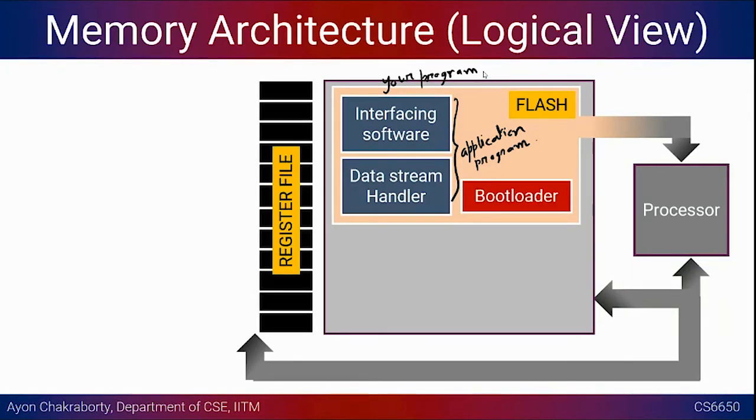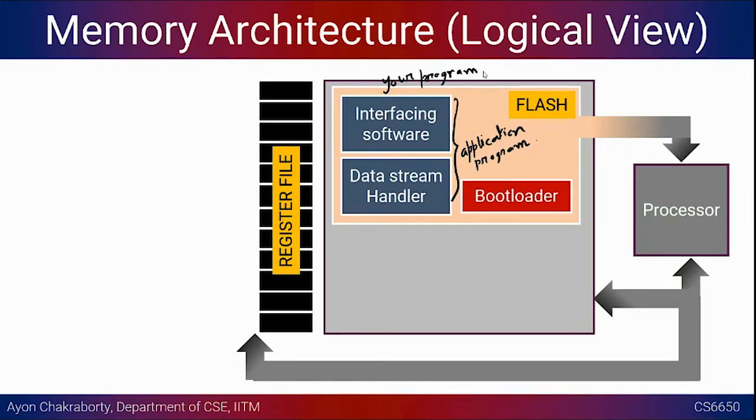Okay, then we have already known about this set of registers, often called the register file. I'm basically presenting you a logical view. It's all part of the same microcontroller. I'm trying to give you the different flavors, the different meanings of different portions of the memory. So the register file is nothing but access to the CPU registers.